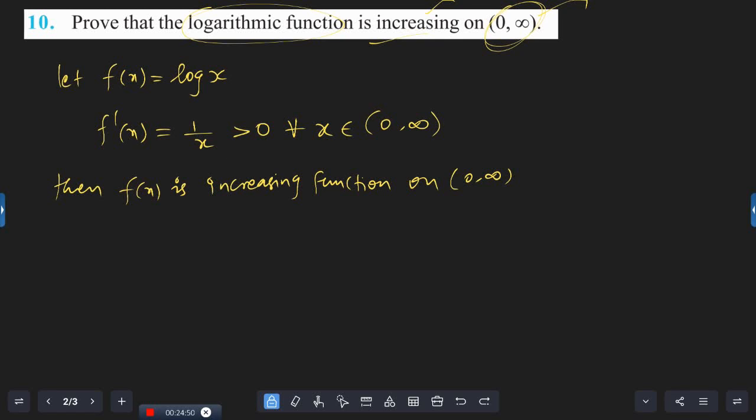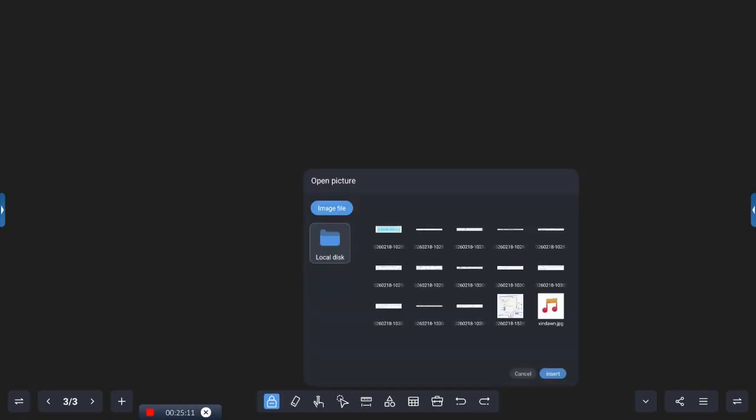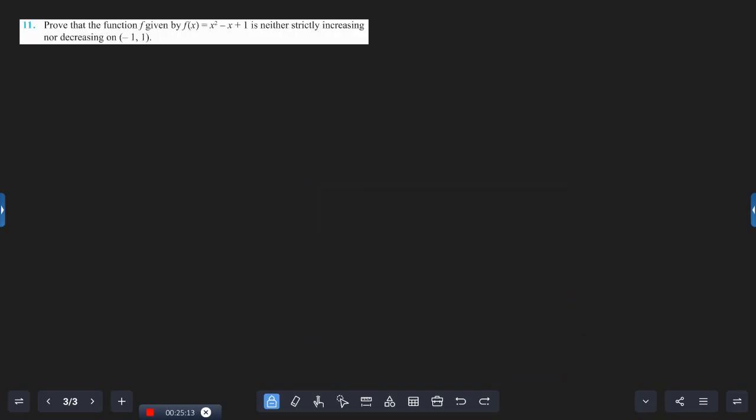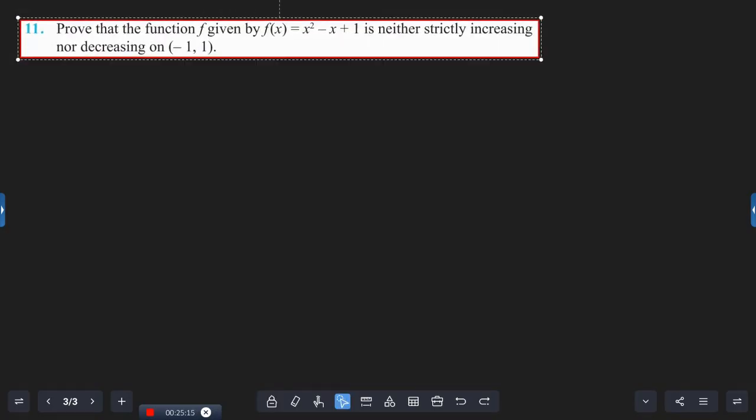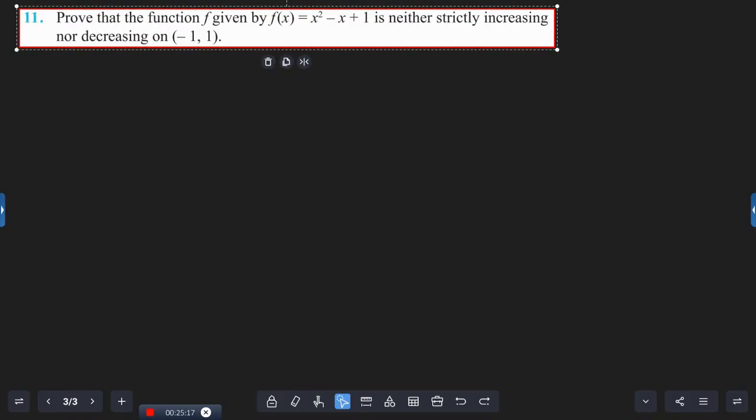Next, the 11th one. This is again an algebraic function they gave.